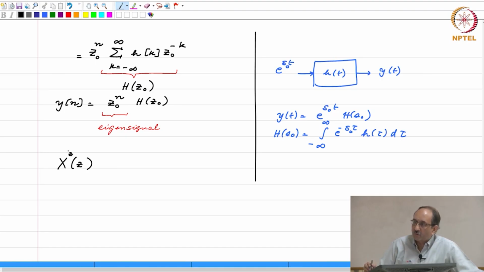Some books that are more careful use this, and they will call this as H_L of s. So, one more change in the notation is used, not merely relying on the independent variable to tell us what the transform is. But as far as this course is concerned, we will continue to use x of z or h of z to denote the z transform, and when we write h of s, we will mean the Laplace transform, bilateral Laplace transform. But you need to be aware that this is not quite good notation, it is sloppy, but that is well entrenched in the literature.